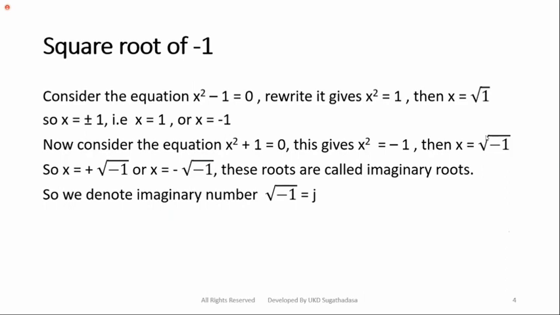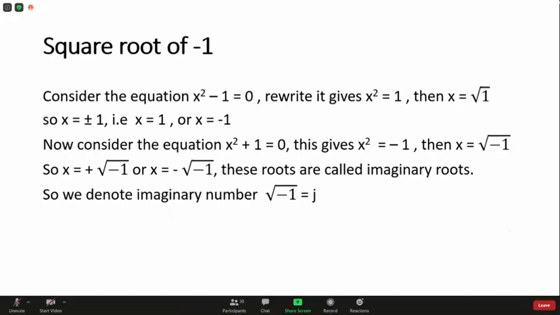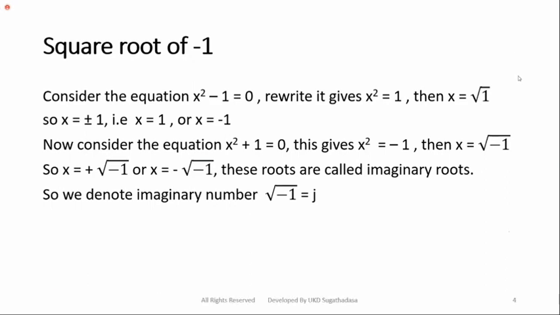In mathematics, the square root of minus 1 can be denoted in two ways. One is the simple i. In advanced mathematics, the square root of minus 1 is normally denoted by i, but in general mathematics, we normally denote the square root of minus 1 as simple j.